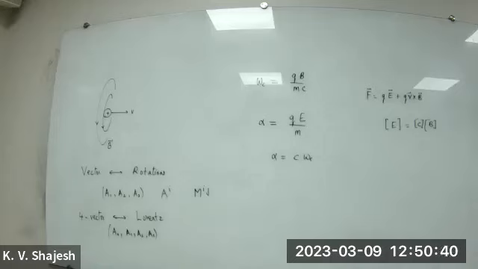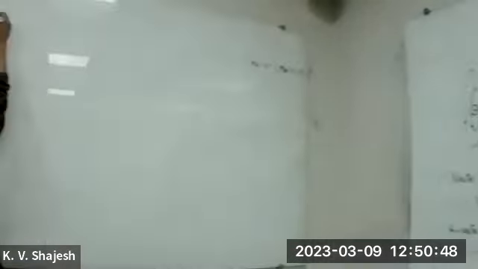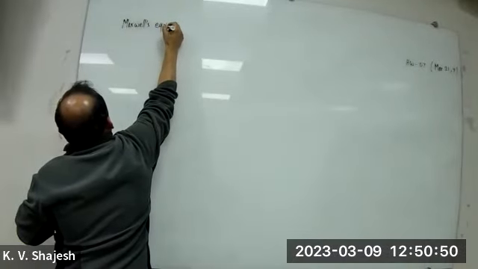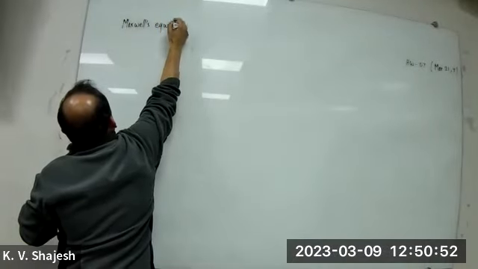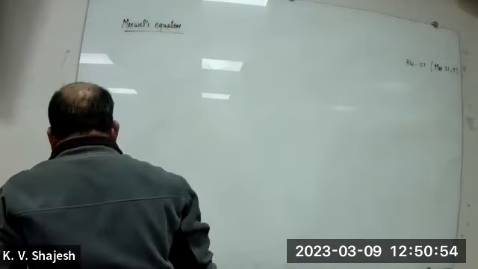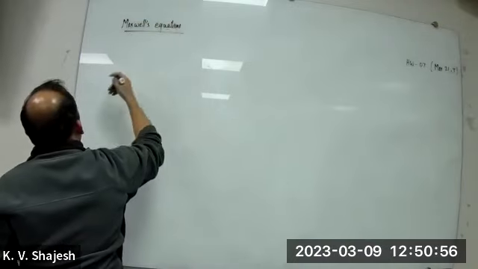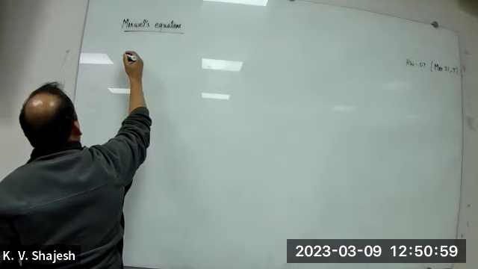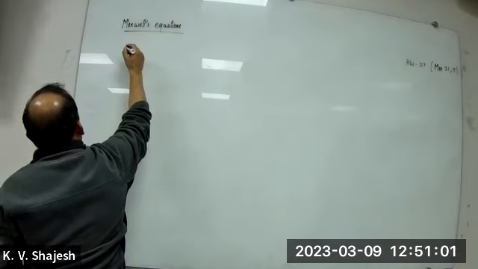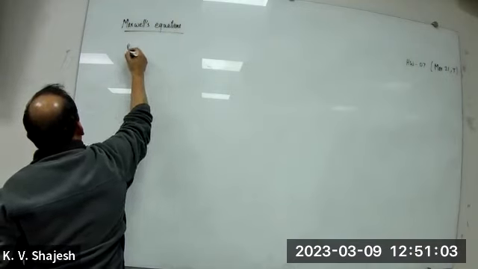So let's talk about Maxwell's equations then. So we want to talk about Maxwell's equation, how they look like. So that's a background. Let's remember what does Maxwell's equation have? That is charge density, rho.